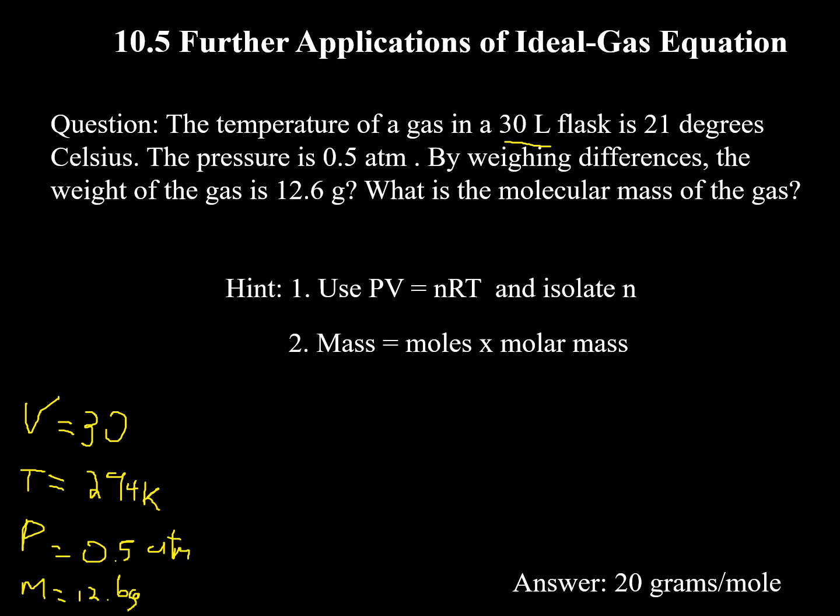So with hints here, use PV equals nRT to isolate the moles. If we do that, n equals PV over RT. So n is equal to 0.621 moles.